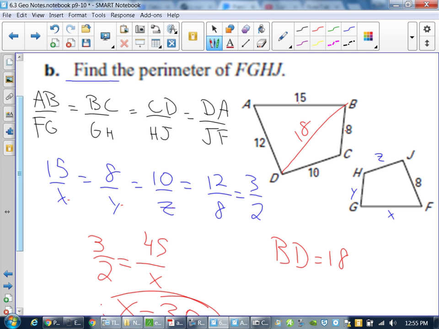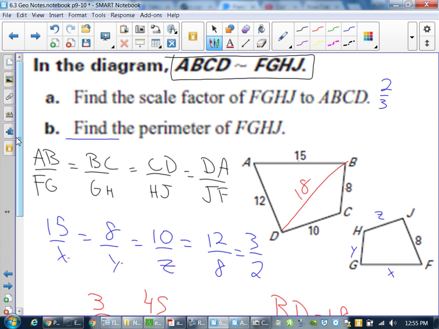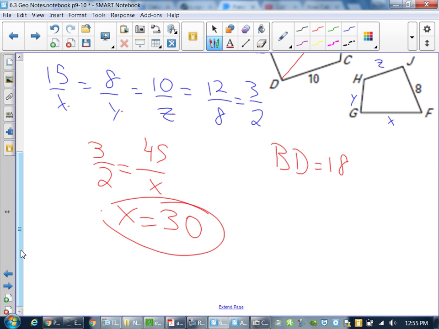What would be the corresponding diagonal? Let's look at the lettering. If I went from B to D, what would it be? G to J. Those would be corresponding diagonals, right? Do you think they have the exact same scale factor? Yes. Because it's still a corresponding part within the figure. So you can do the exact same thing.